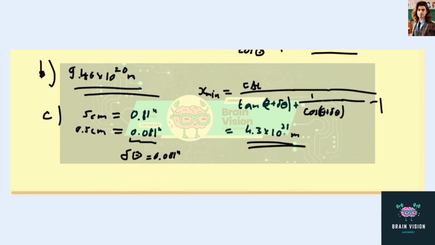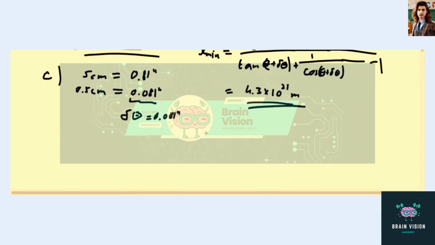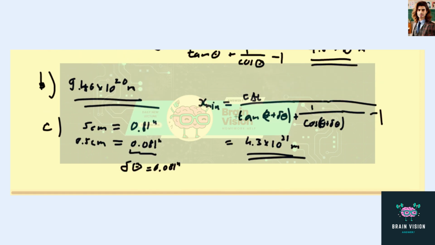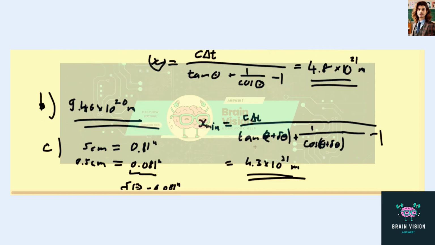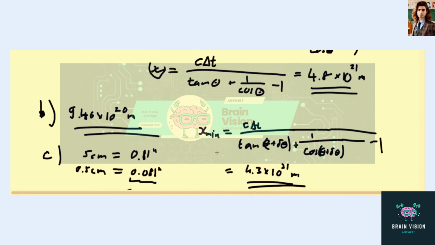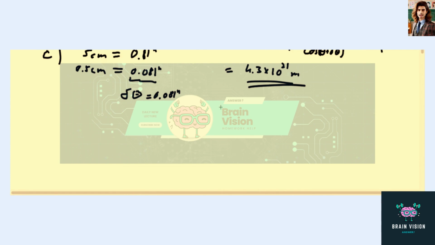So then what we're going to do to find the error is to take the central value and divide the difference between the minimum and the central value by the central value. So in other words, we're going to get that delta x over x is equal to the uncertainty. It's called the relative uncertainty in x.